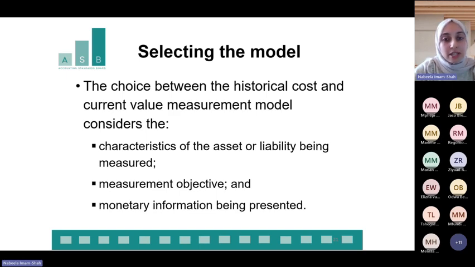The choice between the historical cost and the current value measurement model considers the characteristics of the asset or liability being measured, the measurement objective, which we spoke about earlier, and the monetary information being presented.